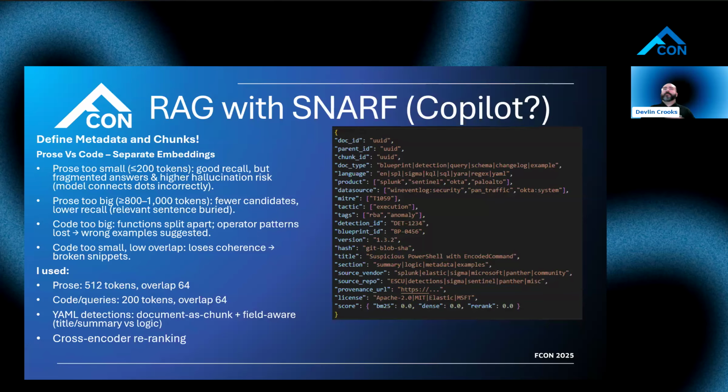Okay, so now we want to make a RAG with SNARF, almost like a copilot. We want to make sure that we define our metadata and our chunks. If you're not familiar, chunks are how it looks at data and recalls it inside the vector database. So, prose versus code.